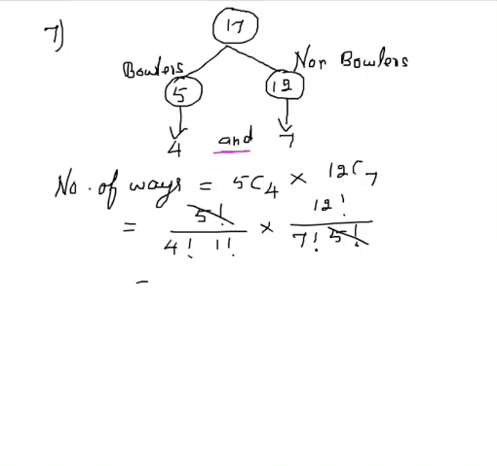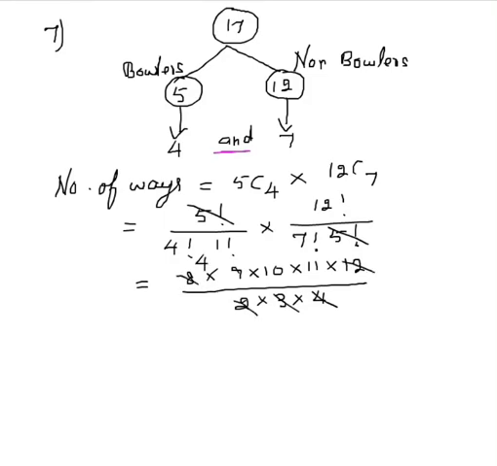Let us cancel 7 factorial from 12 factorial. 8, 9, 10, 11 and 12, divided by 5 factorial, which is 2 times 3 times 4. 36 times 110, and the answer is 3960.